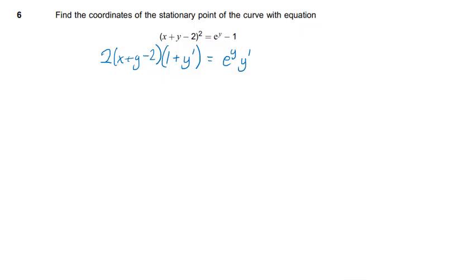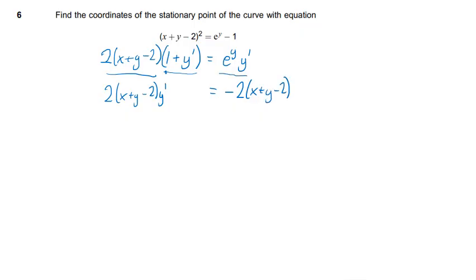Now we need to collect all the y prime terms on one side. Now, don't multiply everything out, but if you just split up this bracket, you can say that we've got 2 times x plus y minus 2 times y primed, and we'll move the 1 times all of this to the other side. So we've got minus 2 times x plus y minus 2.